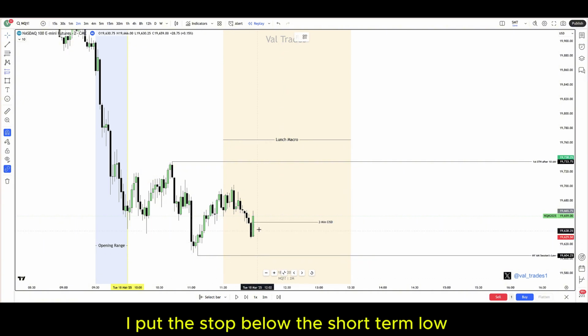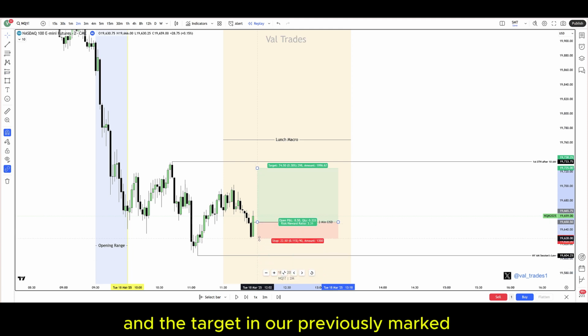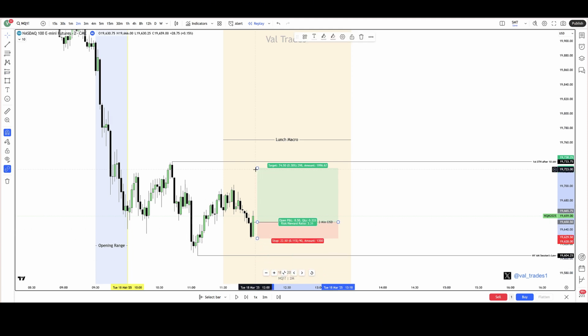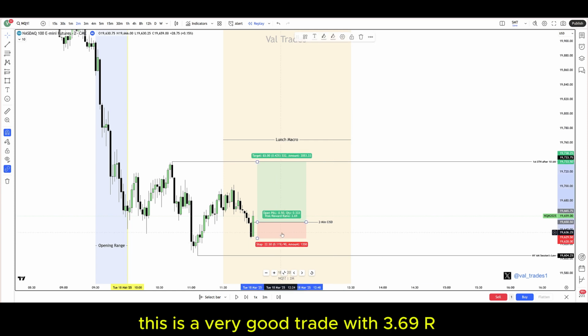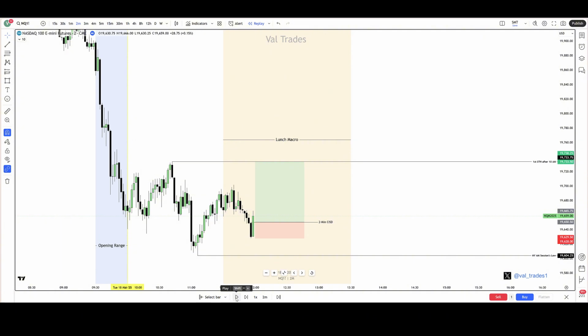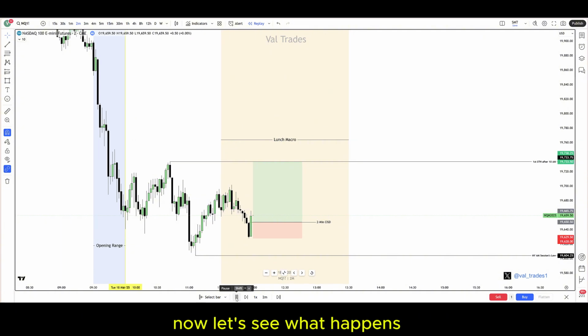I put the stop below the short-term low and the target in our previously marked short-term high, which was our potential target for the lunch macro. This is a very good trade with 3.69 R. Now let's see what happens.